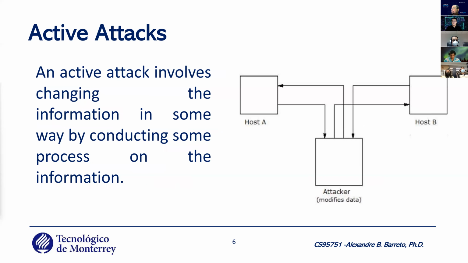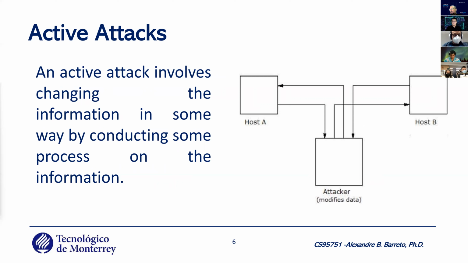For example, you can monitor the network, and when you receive information from a machine passed by you, you can change the parameter, change the information that is transmitted from A to B. It's an example of active attack.